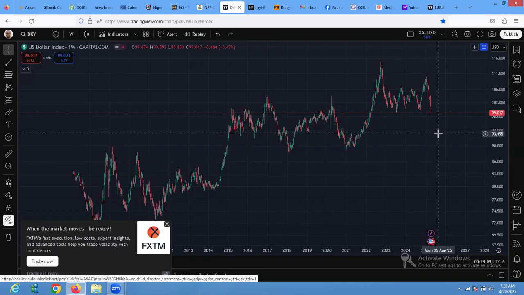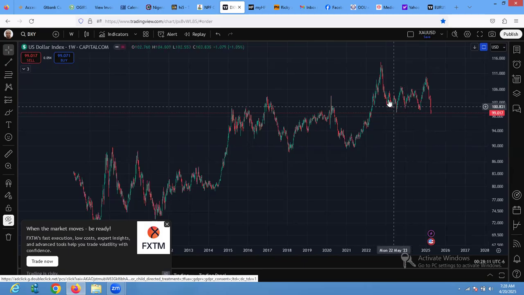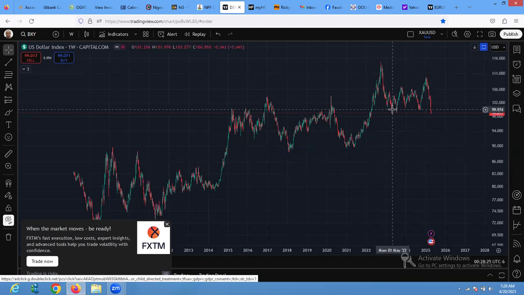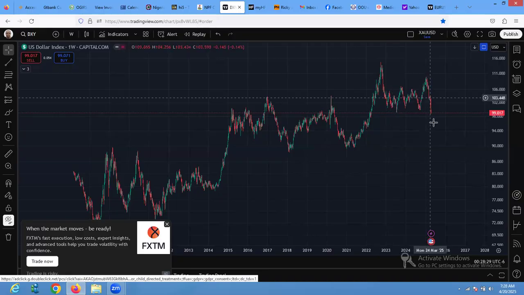With that at the back of our mind, whatever we have inside of here, which is a WXY correction, is seen as a B. The whole of that is a B on the bigger time frame. To this down, this low is A, this up is B, and at least 100% should be a C. So what do we know about a zigzag?